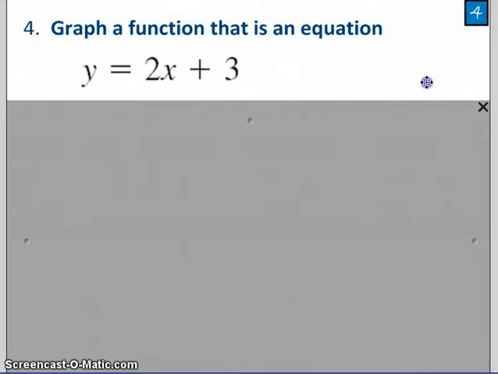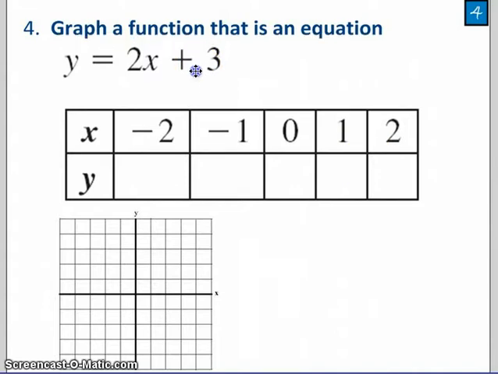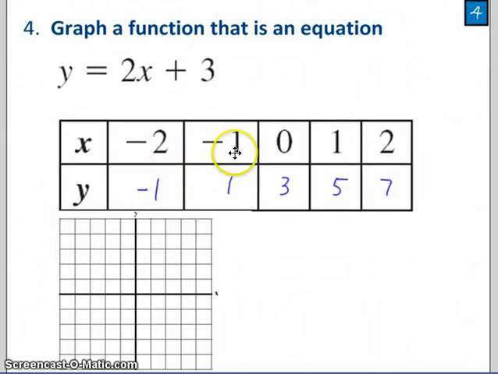that is an equation. Now here I have gone ahead and started to collect the x values, and all I have to do at that point is figure out what the y values are. So if I plug in -2, I get -1. If I plug in -1 for x, I get 1, and so on.